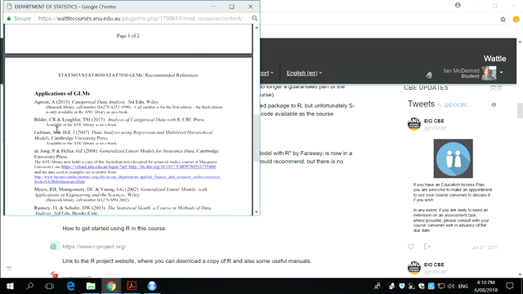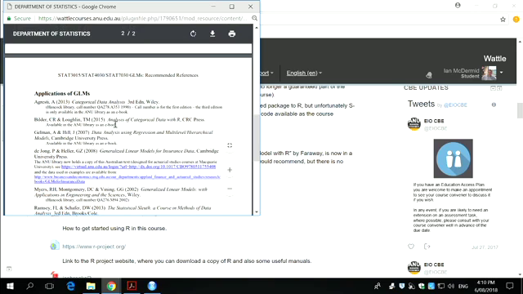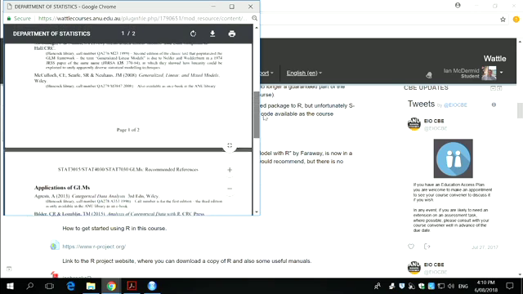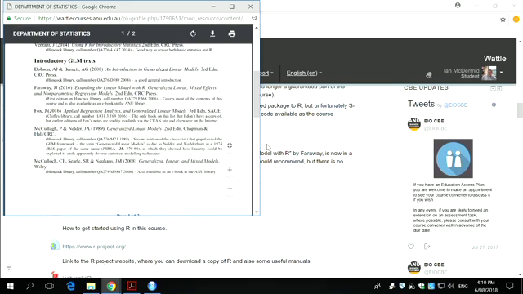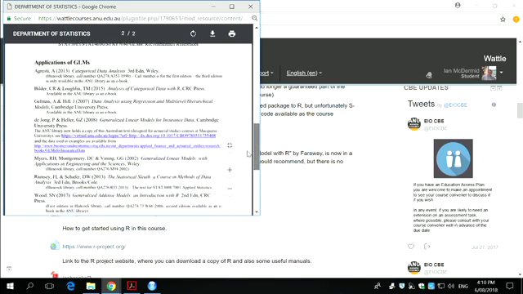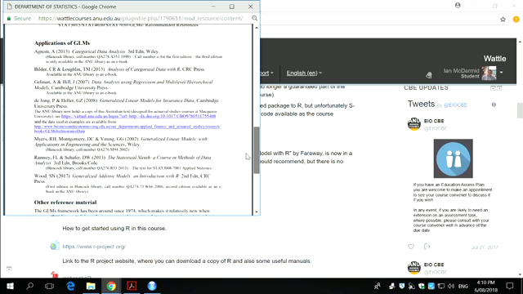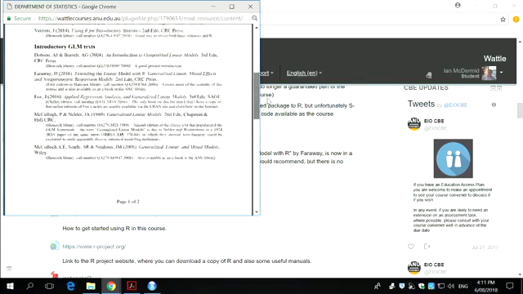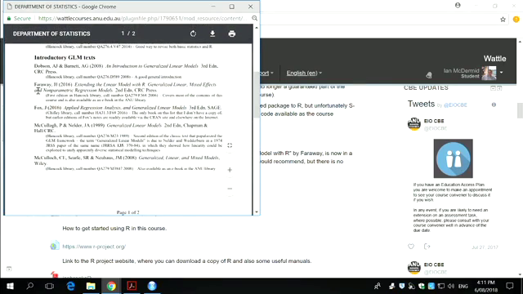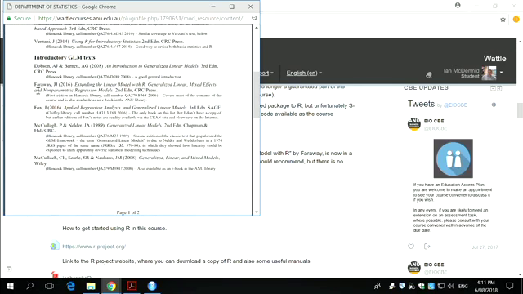It's a good book, but it's a good book for people who've got the mathematics and they've got a little bit more. So I wouldn't be happy using it as a text. I'm not particularly happy with using the Faraway text as a text either, because I think there's just a bit too much detail in there.